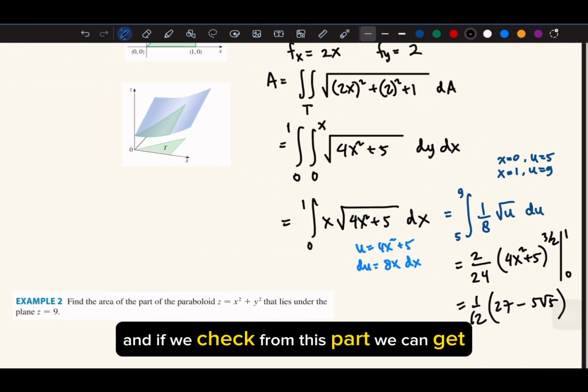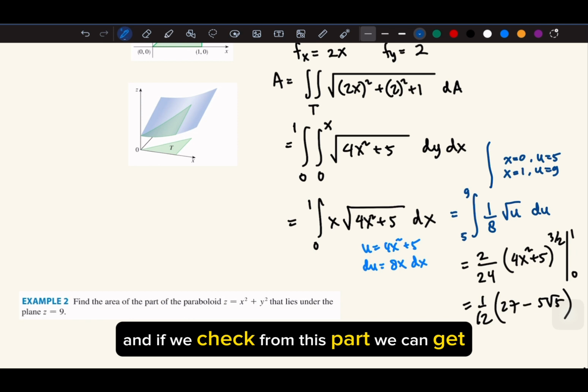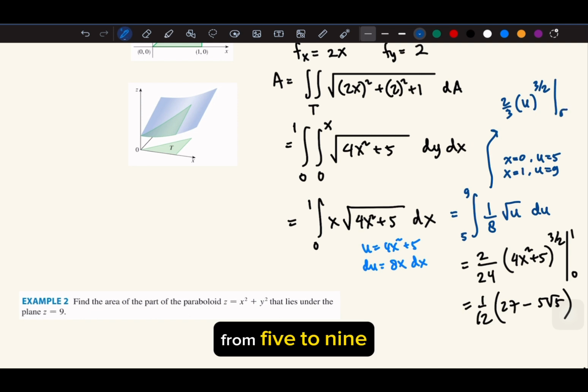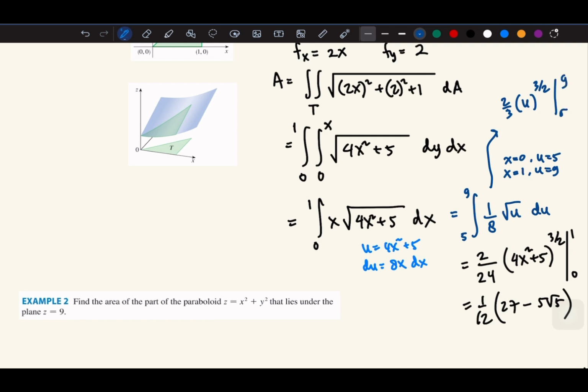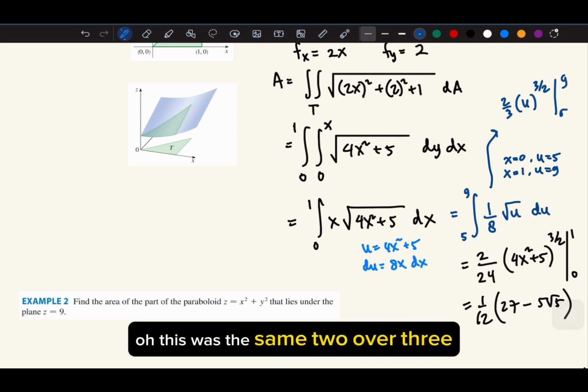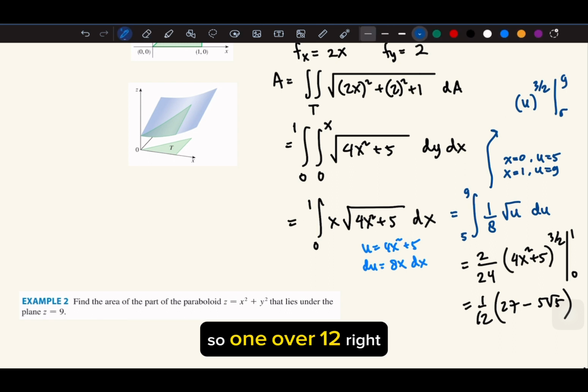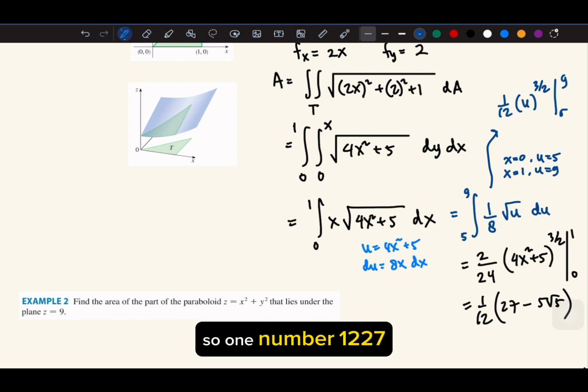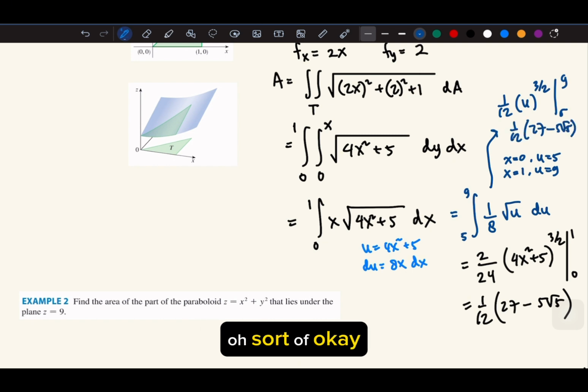And if we check from this part, from 5 to 9, this was the same, 2 over 3, so 1 over 12, right? So this will be the same, right? So 1 over 12, 27 minus 5 square root of 5. Okay? So both ways, okay.